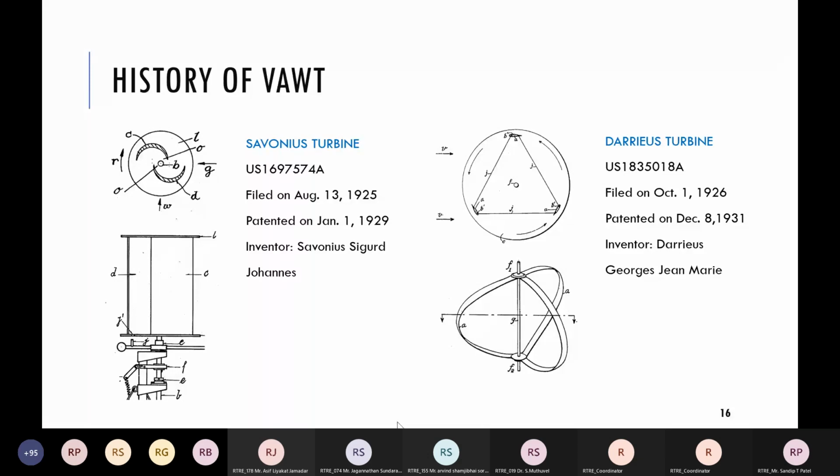Whoever has the better fighter planes wins. So in the Second World War, many countries used fighter planes, and for that they did a lot of research in fundamental aerodynamics. These two rotors' inception dates lie between the First and Second World War. So what we are going to talk about today is an almost 100 years old technology. But still, the research started in 1970, only 50 years back.